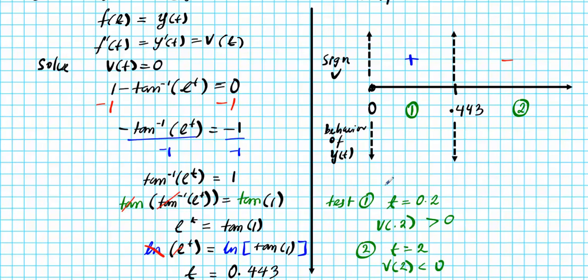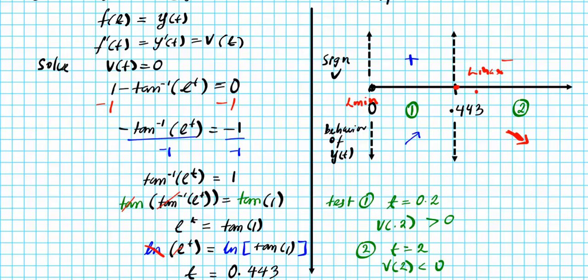So what does that tell us about the behavior of y of t? It tells us that the function y of t is increasing from 0 and starts to decrease from that critical value. So that automatically tells us that since it's increasing from 0, this is going to be a local minimum. And this right here, we can conclude is going to be our local max.